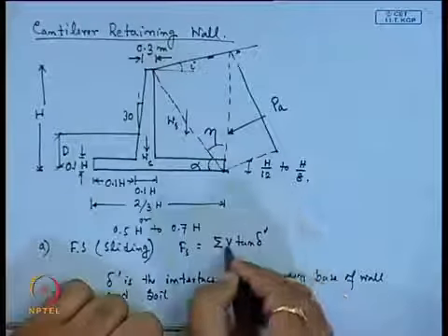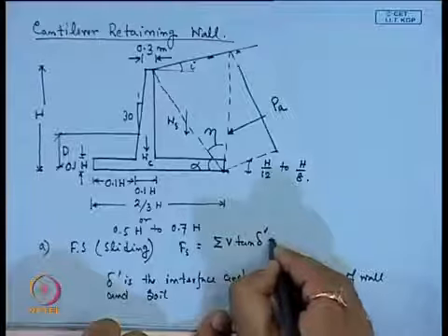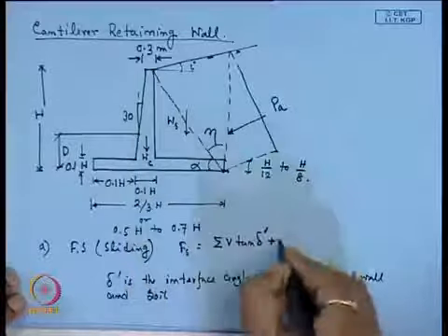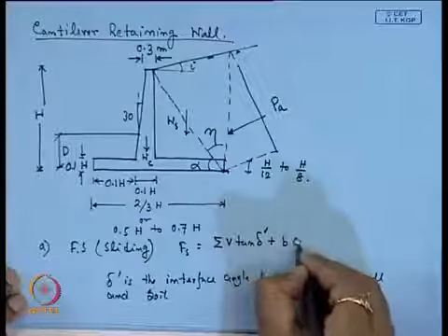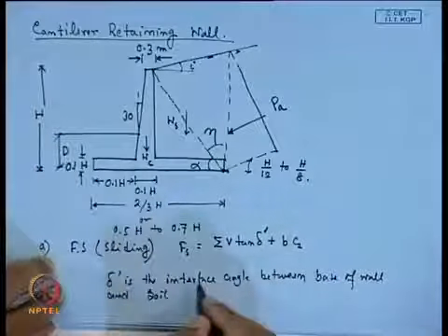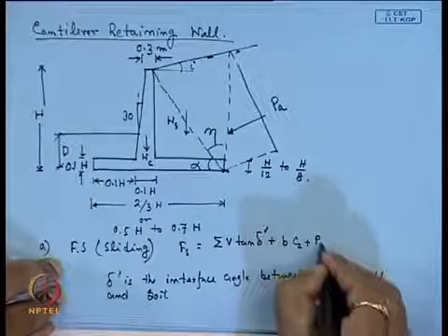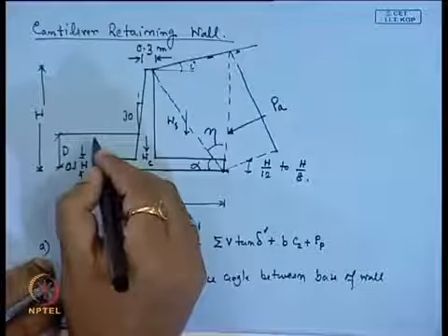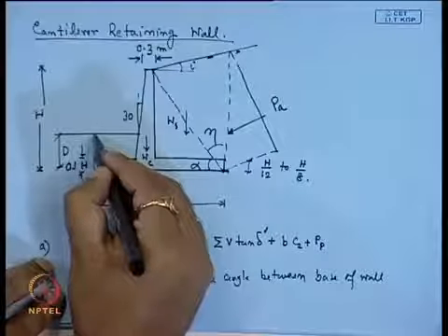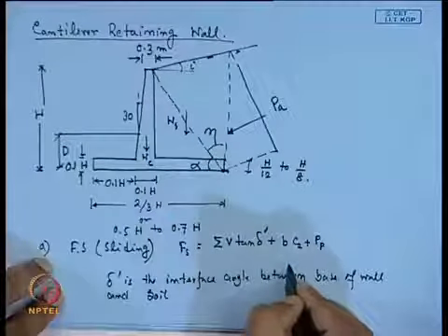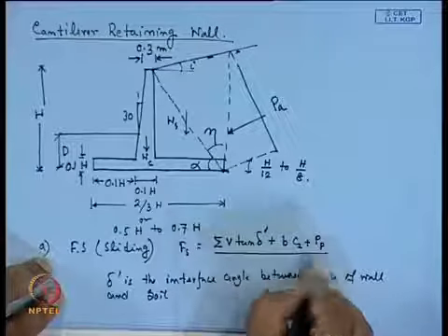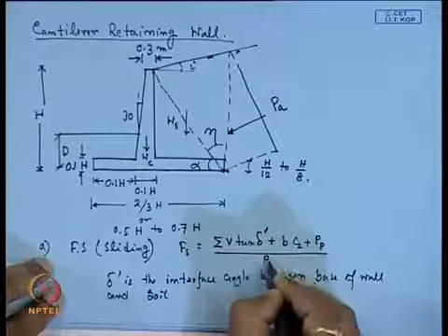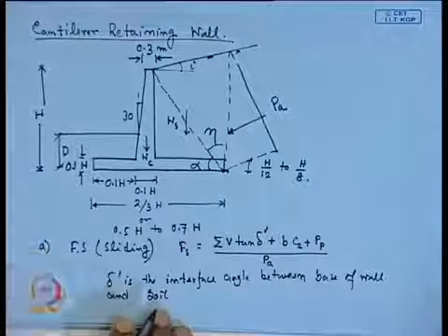So, this is the summation of V into tan delta plus, if the total width is B, the base width B into C 2, where C 2 is the cohesion of the base soil, plus the passive force P p, which is also acting here, divided by P h or the P a, that is the horizontal force.